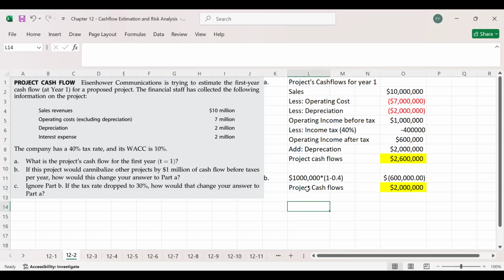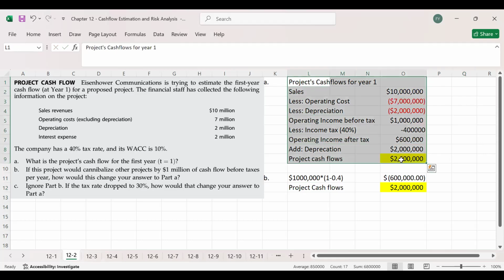So the next part is C. Ignore part B, just ignore the impact of this cannibalize. If the tax rate dropped to 30%, how would it change your answer to part A? So here we can complete this requirement part.